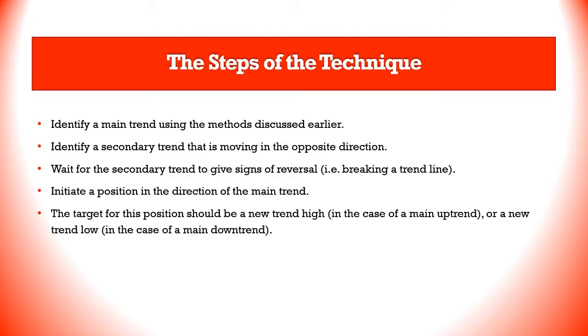Okay, step one, we identify the main trend. What main trend do we have on the charts? Using at least one of the methods that we have discussed earlier. And of course, remember that there is a concept in technical analysis which is called confirmation.